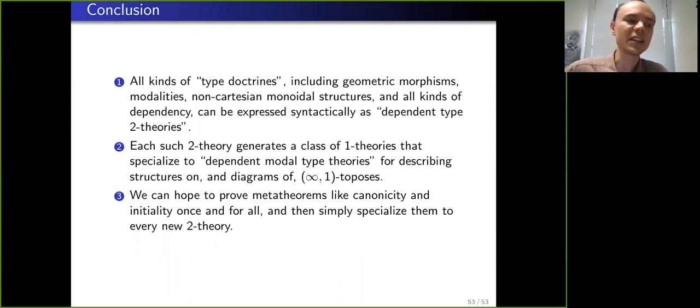I certainly have a dream that one day we'll be able to implement a proof assistant which is sort of parametric over the type 2-theory, so that we'll be able to first write a specification of the particular 2-theory we want to work in, in one file, and then put that into our proof assistant, and then say, now using that 2-theory, I want to work in the corresponding type theory in another file.